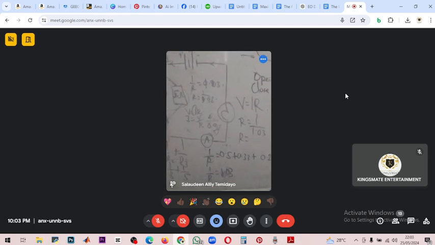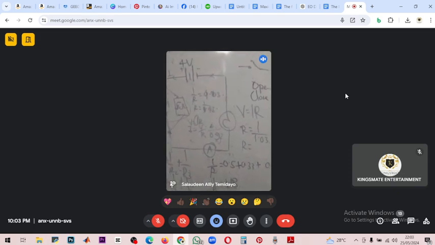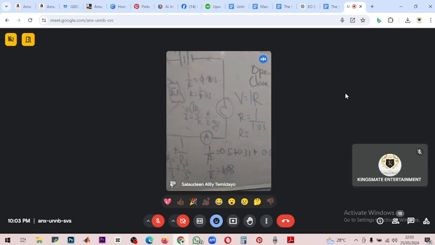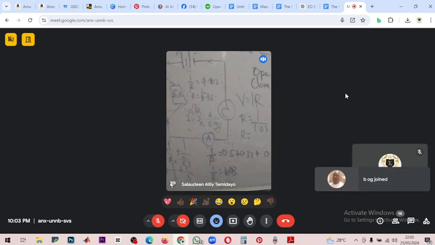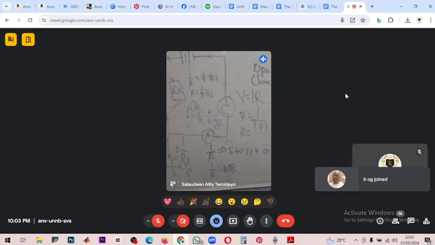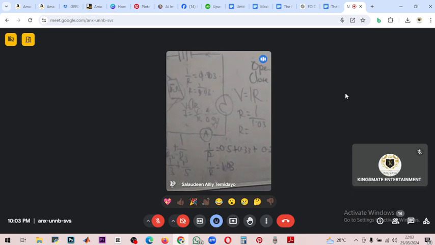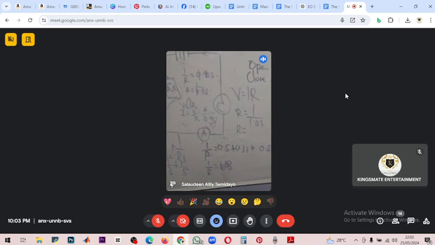Ohm's law says that the potential difference across the terminals of a conductor is directly proportional to the electric current flowing through the conductor, provided that the temperature and other physical conditions are kept constant. So we said V is directly proportional to I, and V equals IR, the basic formula known as Ohm's law.